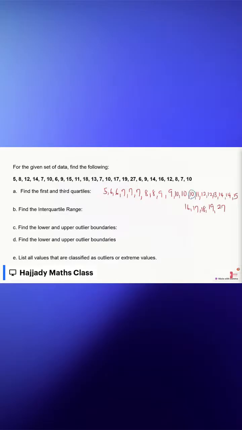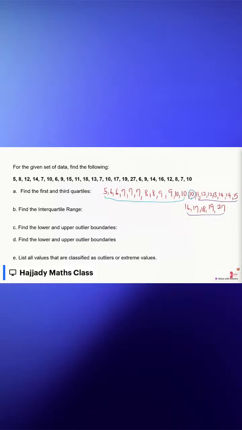You leave out the median, so you divide the data set into 2. This is the first half, 12 values in total. And you have the other half of the data, which is from 11 down to 27.